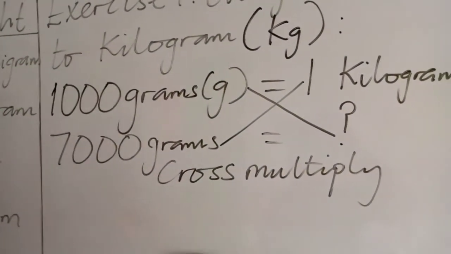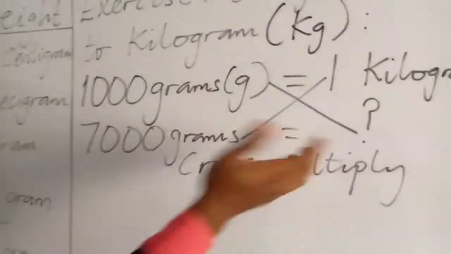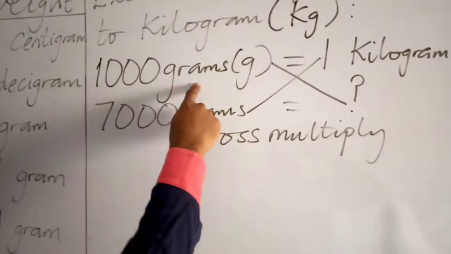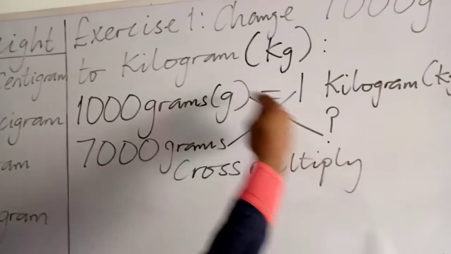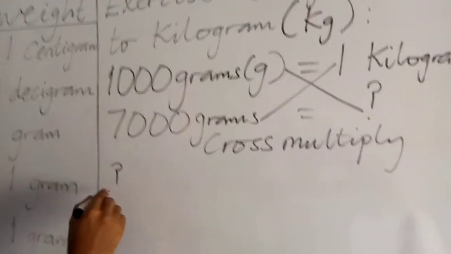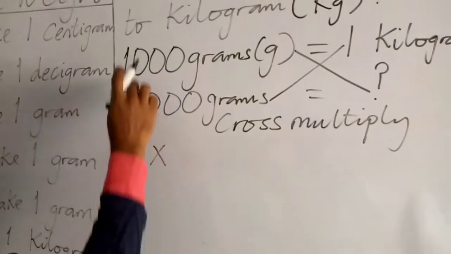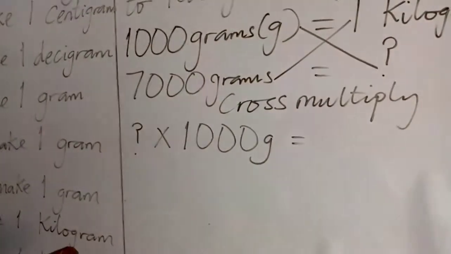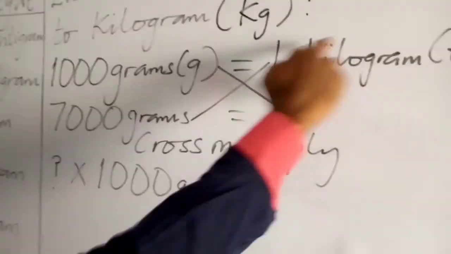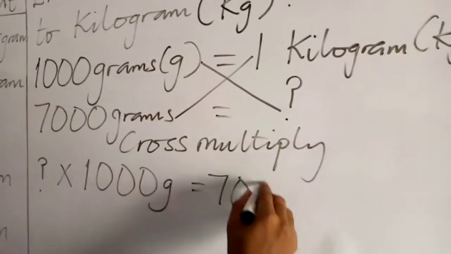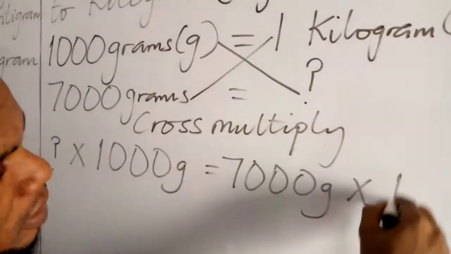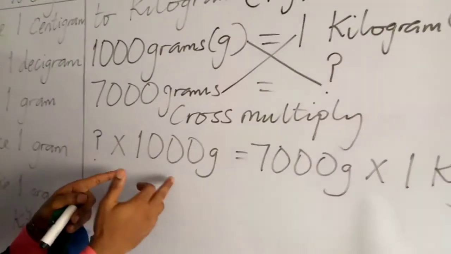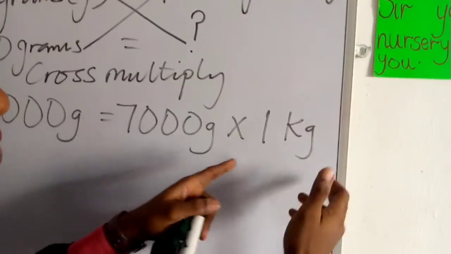The unknown, represented as a question mark, multiplied by 1000 grams, is equal to 7,000 grams multiplied by 1 kilogram.